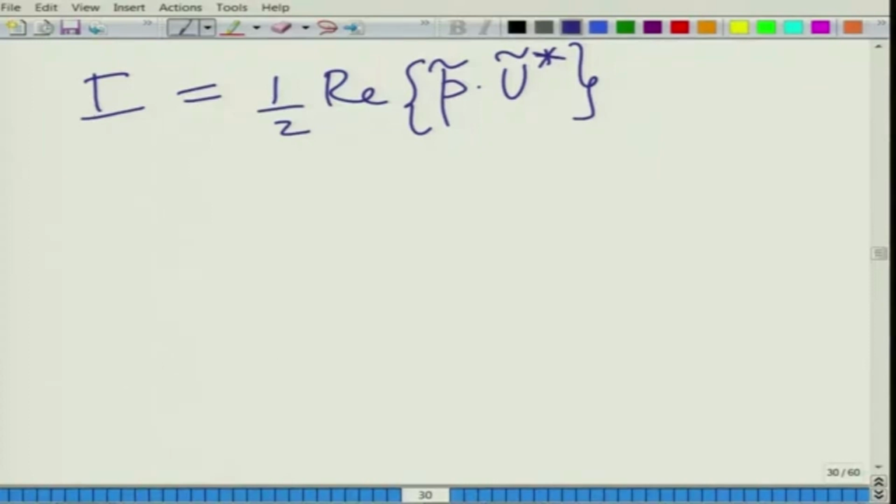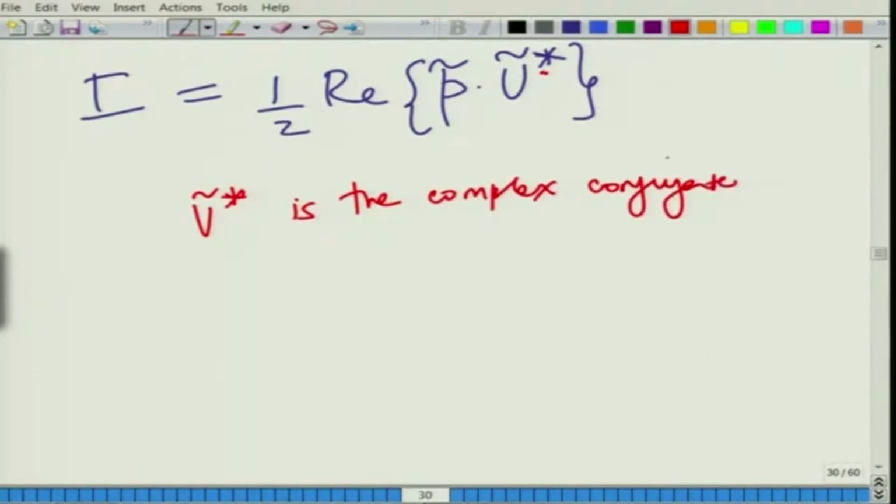You get that from the Euler equation, of course. What does the star mean? It means complex conjugate. We get the solution for P in terms of complex exponentials, so U tilde star is the complex conjugate of U tilde.